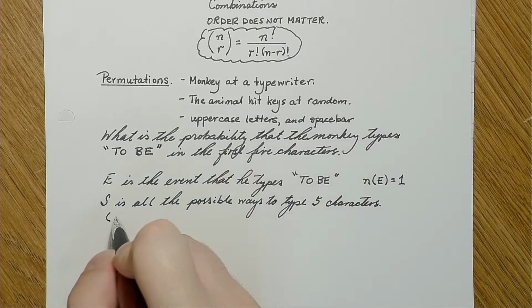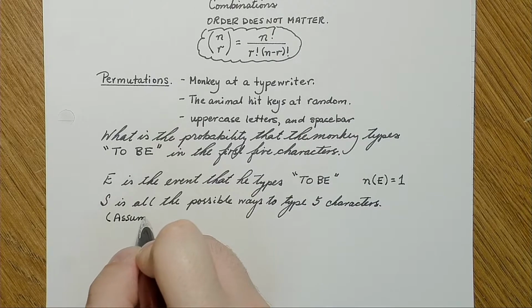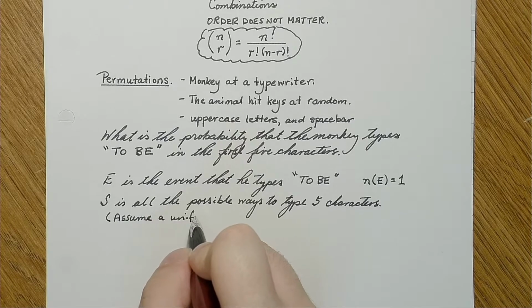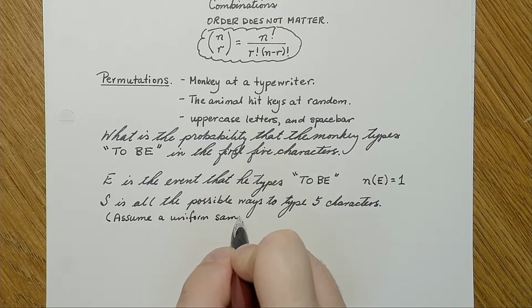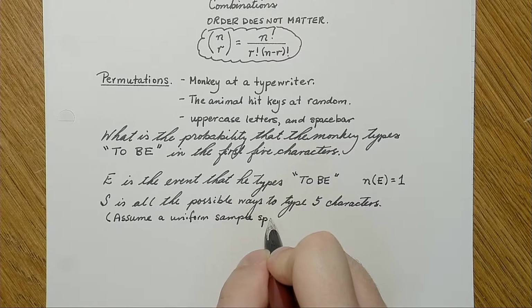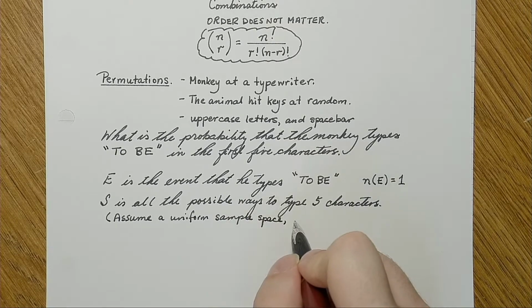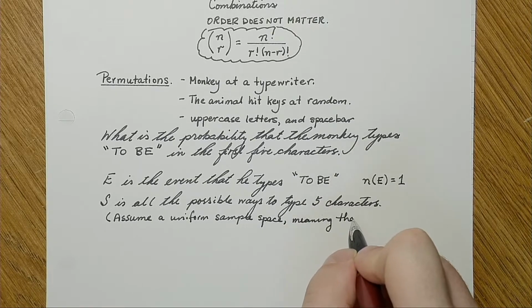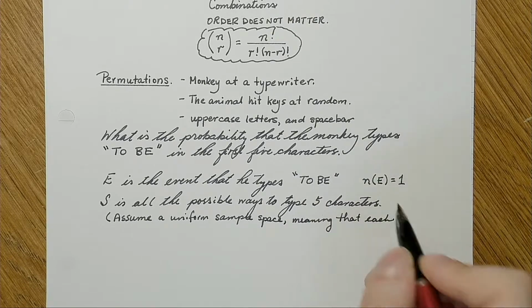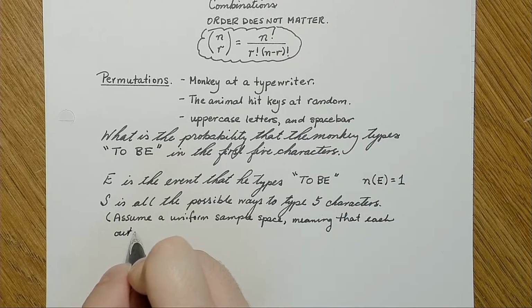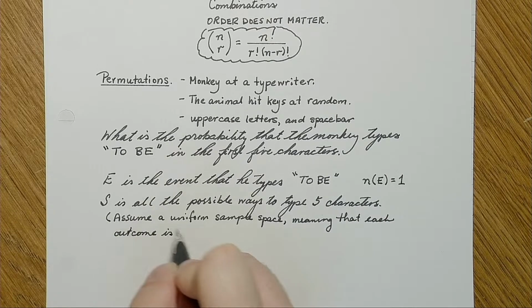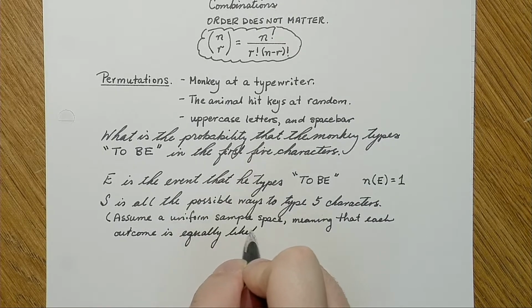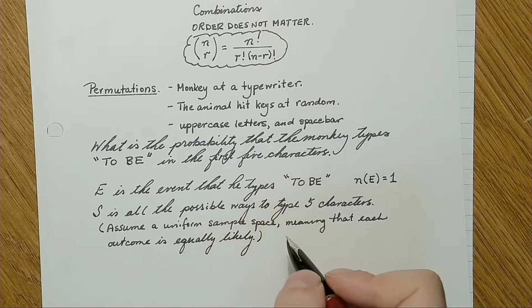So again, we'll assume a uniform sample space, meaning that each outcome is equally likely.